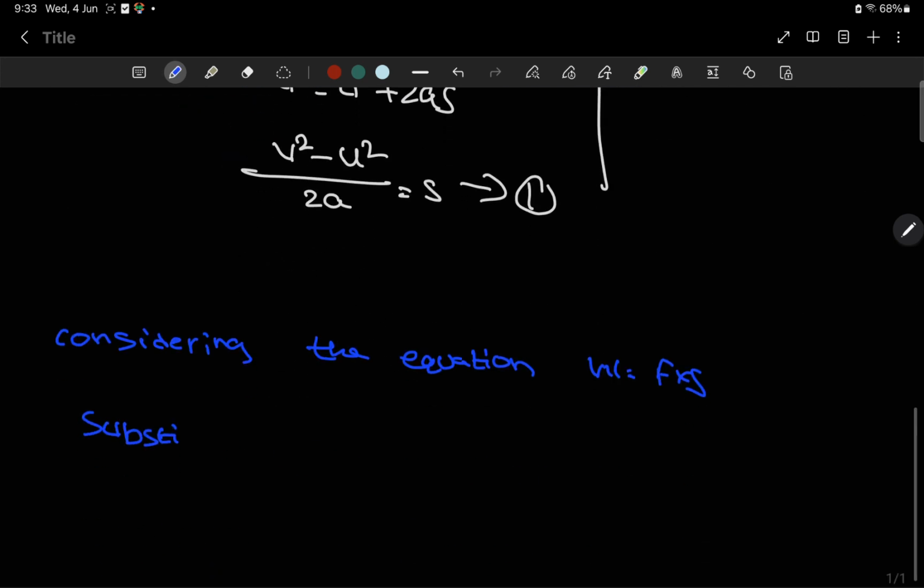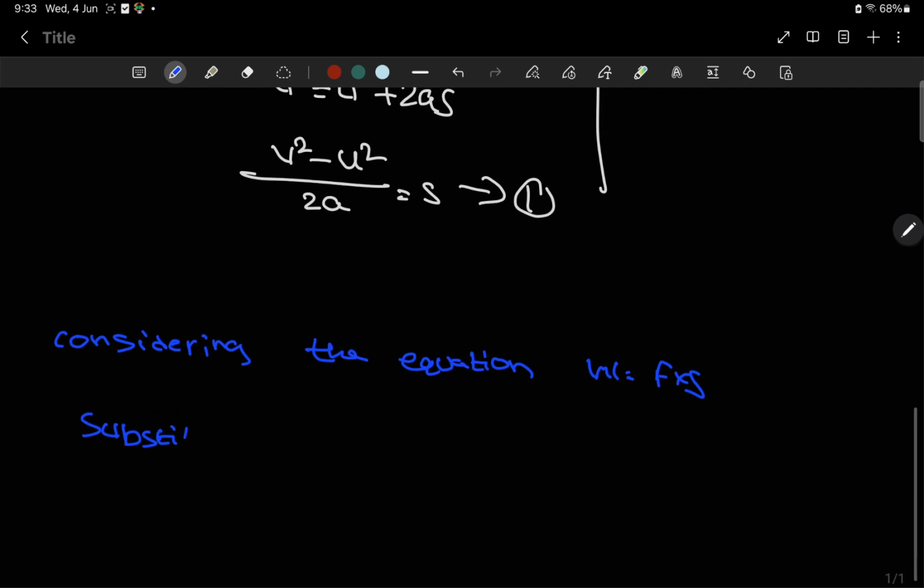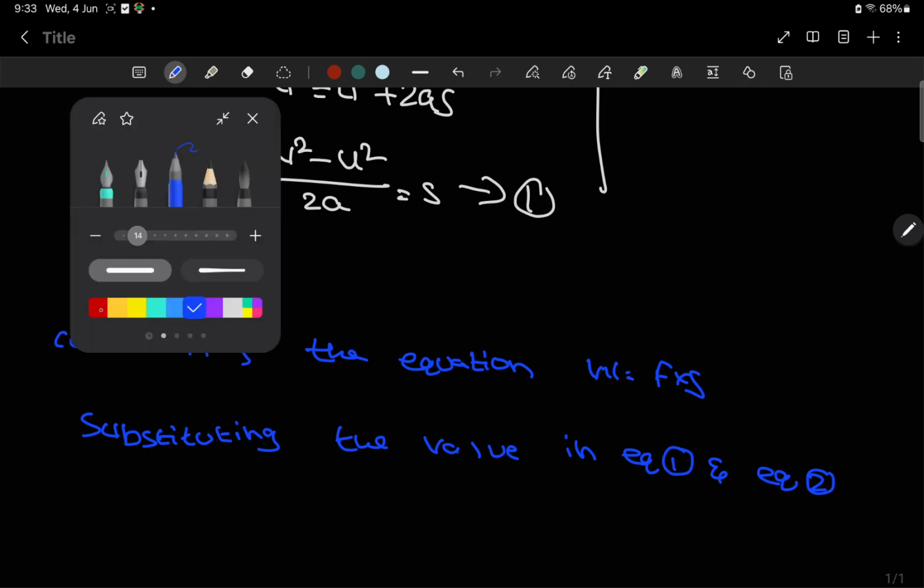So substituting the values in equation 1 and equation 2.